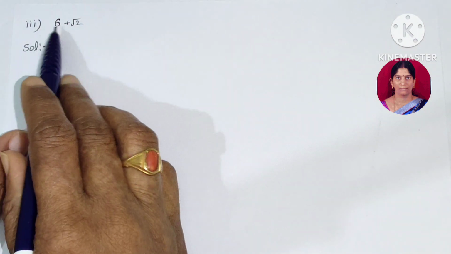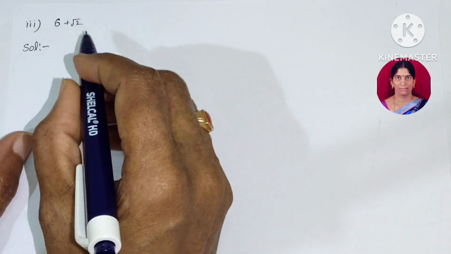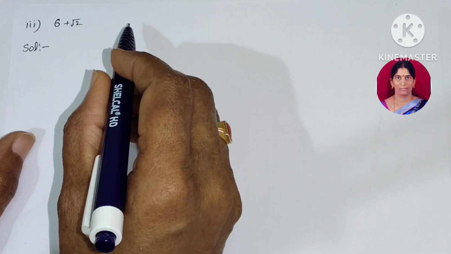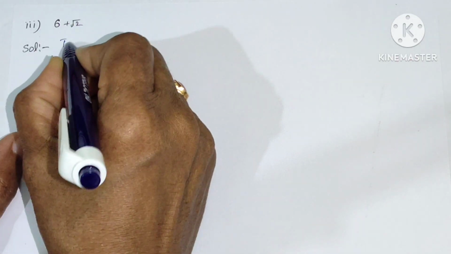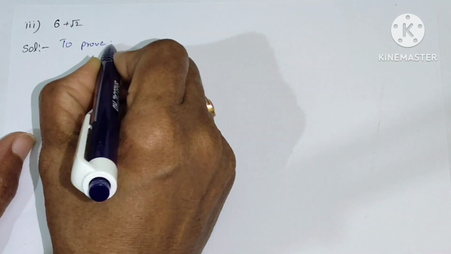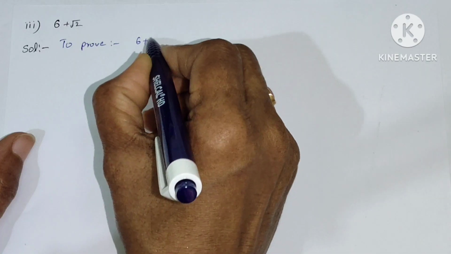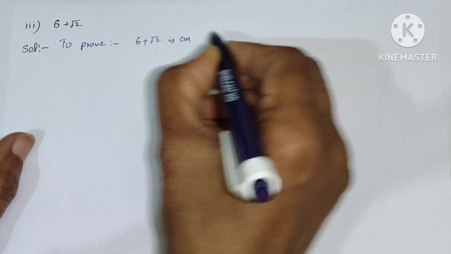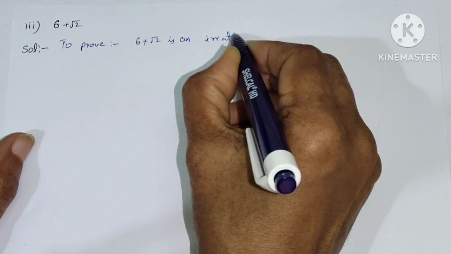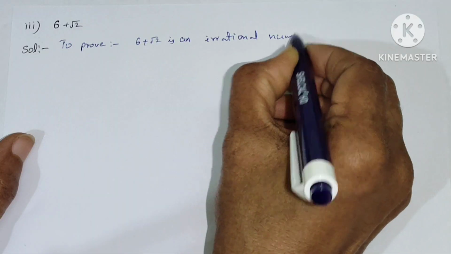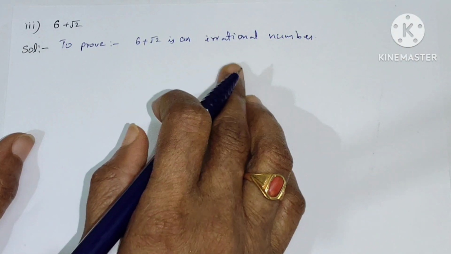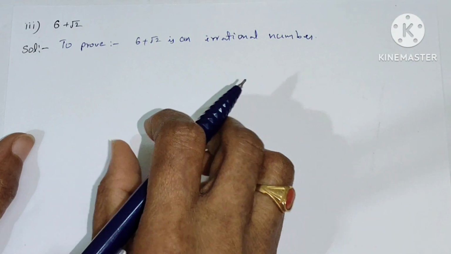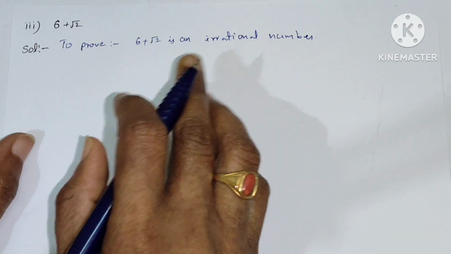So here the third one, 6 plus root 2. We prove that 6 plus root 2 is an irrational number. Irrational's opposite means rational, so suppose we take this number as a rational number.